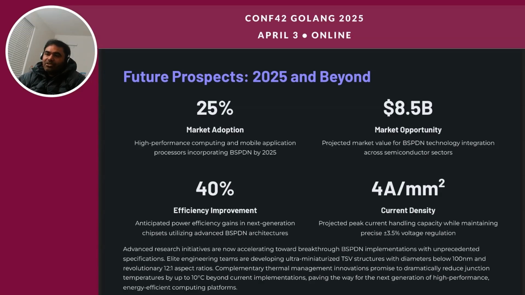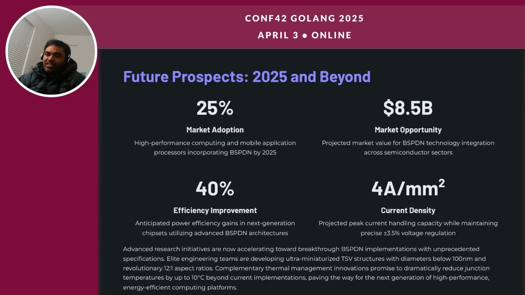The market opportunity is 8.5 billion for technology integration across semiconductor sectors. 40% power efficiency improvement in next generation chipsets utilizing advanced BSPDN architecture compared to conventional front side power delivery. The current density is 4 amps per millimeter square peak current handling capacity while maintaining precise plus or minus 3.5% voltage regulation.